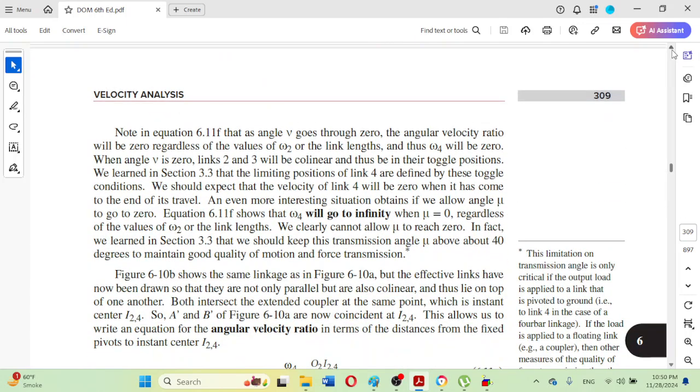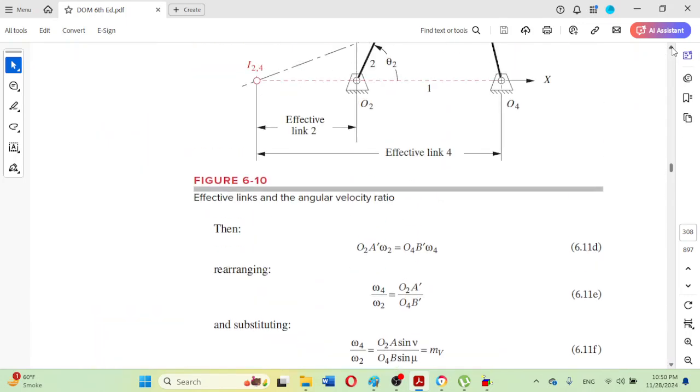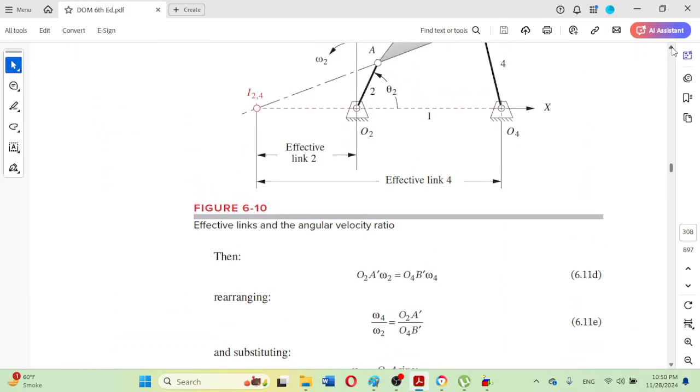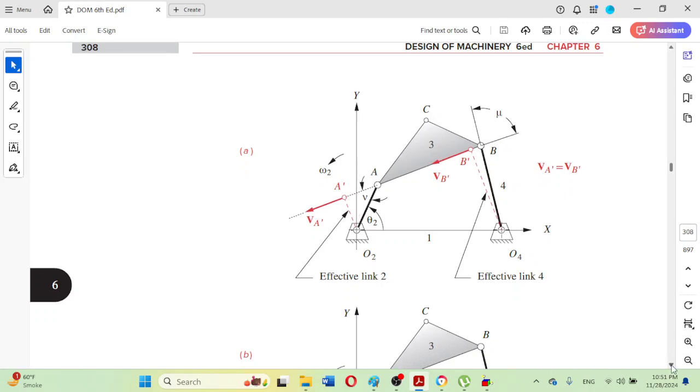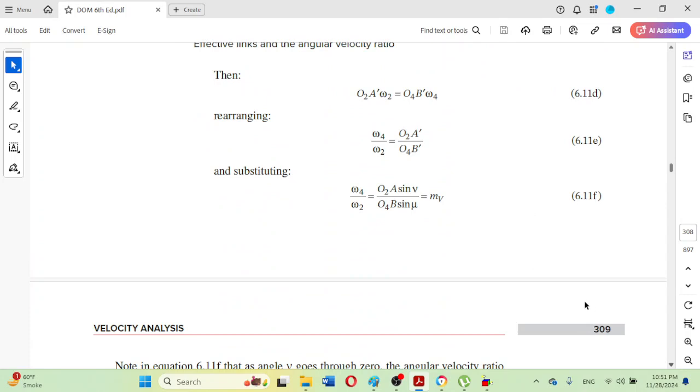In the diagram we can observe that O2A dash is actually O2A sine V. So we can input these values, that is O2A sine V and O4B sine mu.